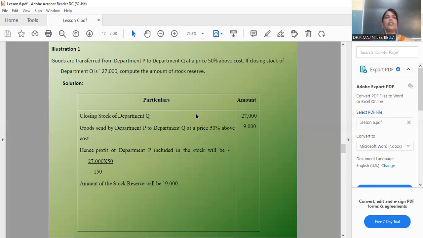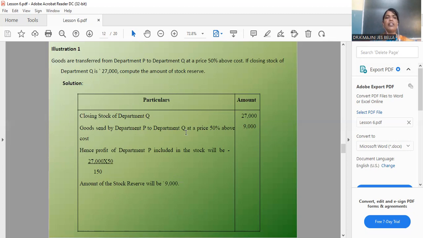After that, write closing stock of Department Q, that is 27,000. You have to write 27,000. Okay. Then goods sent by Department P to Department Q at a price 50% above cost. What they are telling is goods sent by Department P to Department Q at a price 50% above cost.